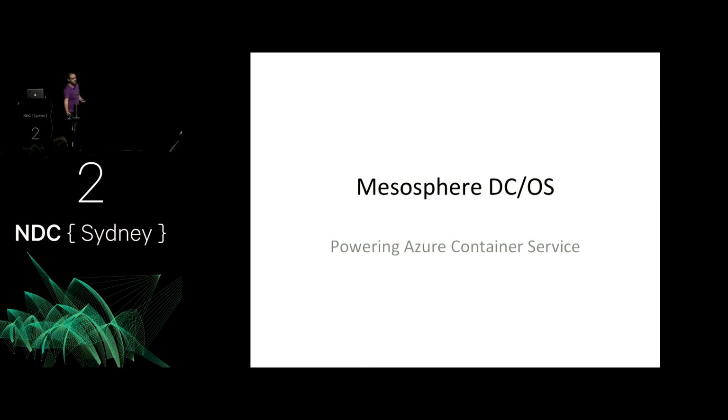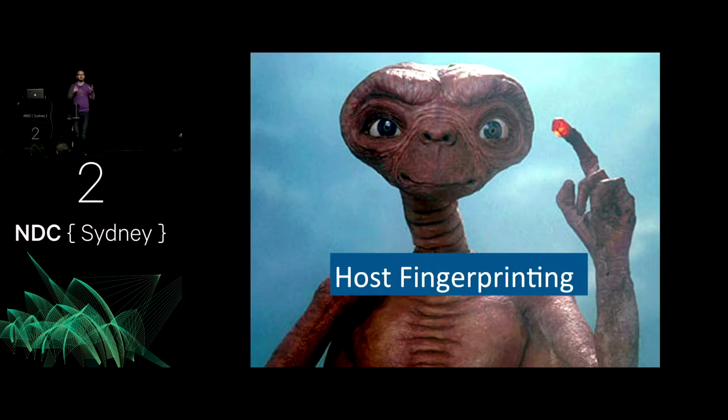Another one which I really like is Mesosphere DCOS. When you are using Azure, and if you're using the Azure Container Service, this is actually what is powering that. Microsoft have partnered with Mesosphere in order to be able to run it. And this also has really cool features, which will probably come to Kubernetes, like host fingerprinting.